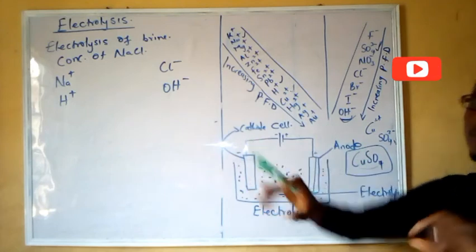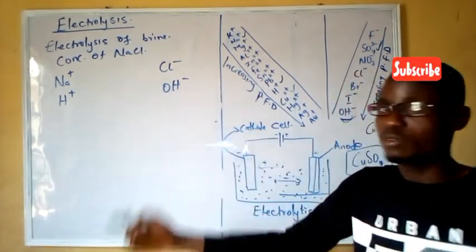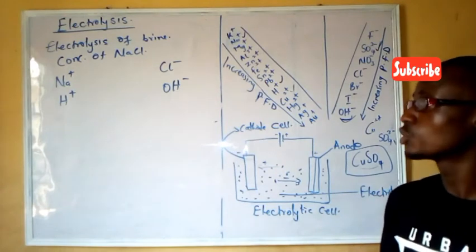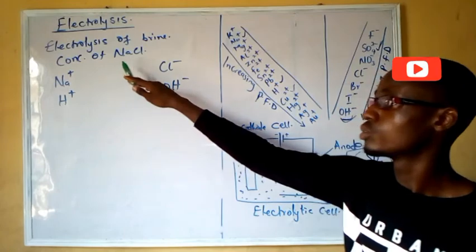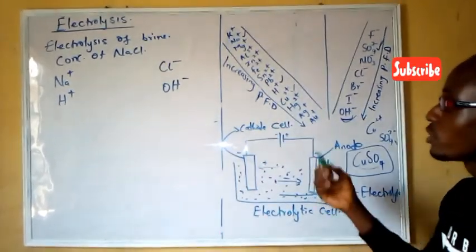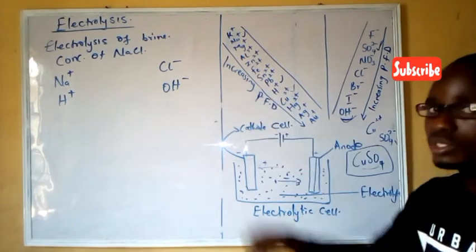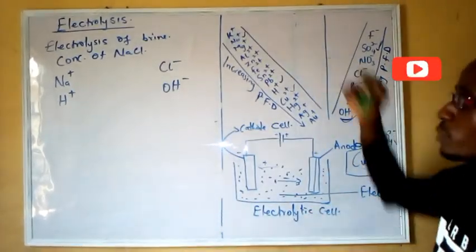Despite the concentration of sodium, because we're talking about brine, a concentrated solution of NaCl, Na+ doesn't discharge first. H+ is discharged first due to the gap in the electrochemical series.